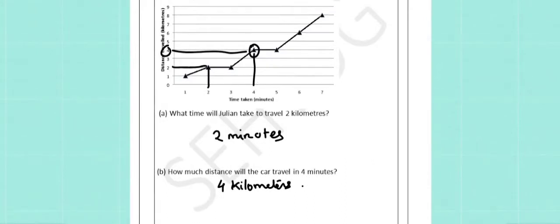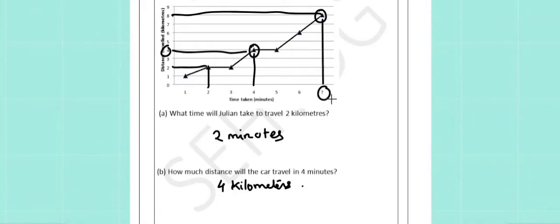So, for 8 kilometers distance, we can plot it against 8 kilometers distance, and the point in the horizontal axis we are getting is 7 minutes.